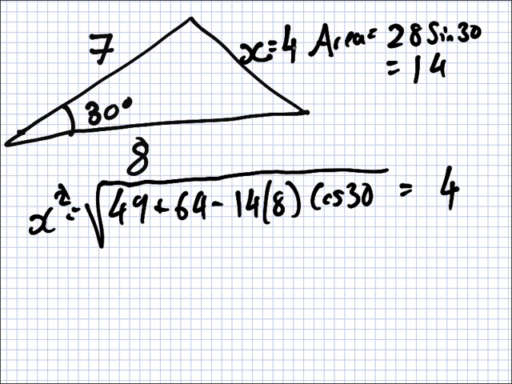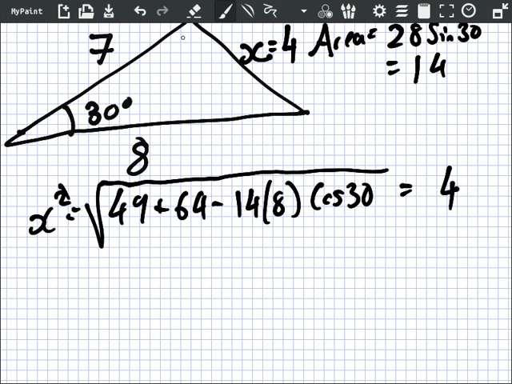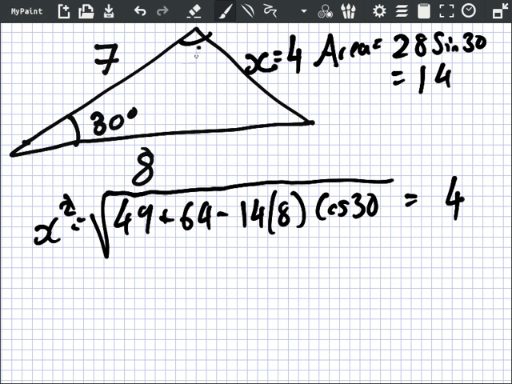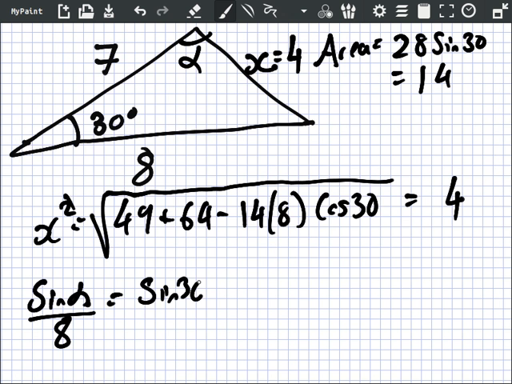Right. Let's get this angle up here. We'll call it alpha. So I can say sine alpha over 8 equals sine 30 over 4. Is sine 30 a half? It is. So is this 1?